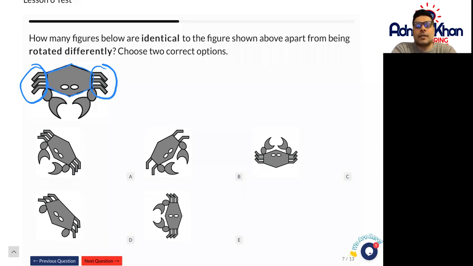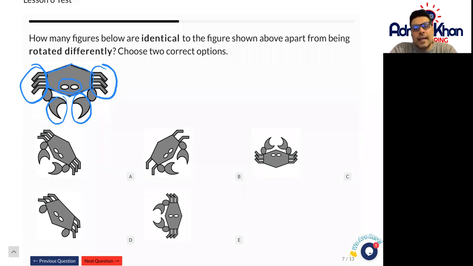So it's basically an octagon with 2 eyes. And at the same time, it's got 2 of these splinters at the end. All right, so just have a look at that and just make sure you've got that sorted out first of all. Let's look at option A and find out if it's identical. So we're not worried about the rotation. It could be rotated anyway.